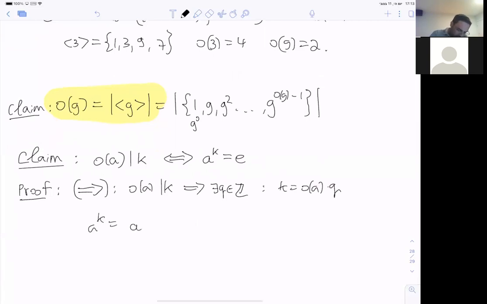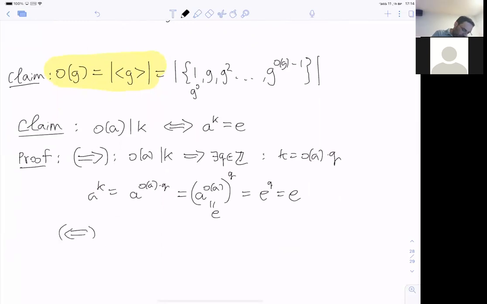A^k is A^(OA·Q), and we can write it in this way. Now, this is E, because always the order gets you back to E. And E to the power of Q is E. E remains E. So this is the trivial direction.